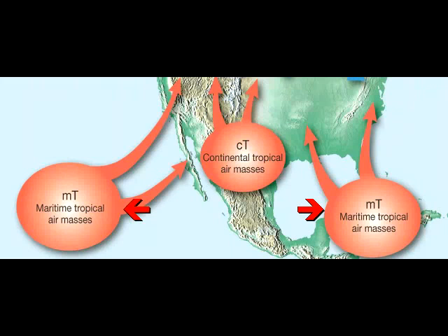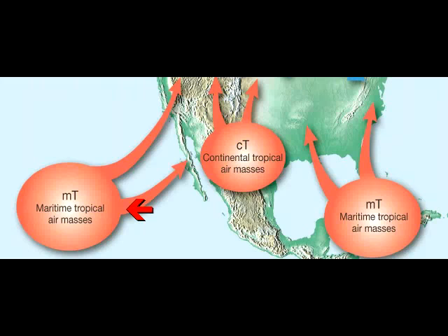Maritime tropical air masses originate over the warm waters of the Gulf of Mexico, the Caribbean Sea, the Atlantic Ocean, and the tropical or subtropical eastern Pacific. They are characterized by high dew points. MT air masses from the tropical eastern Pacific often cause heavy precipitation and floods along the west coast.